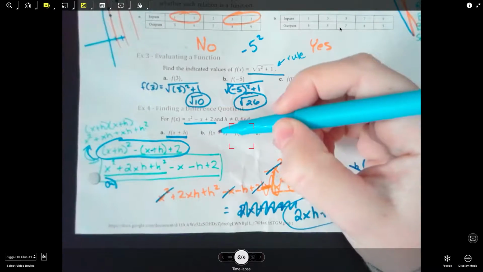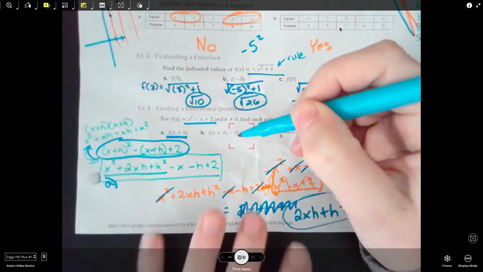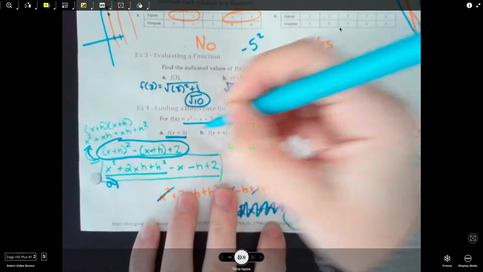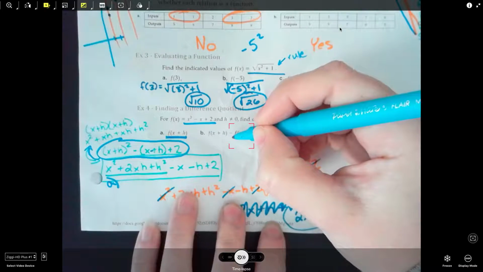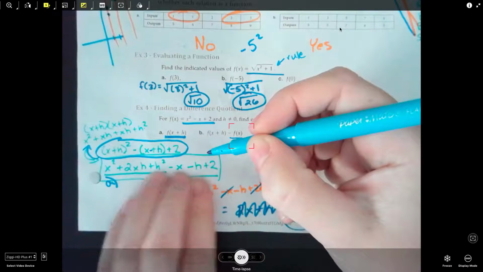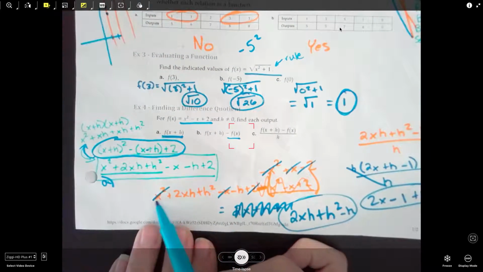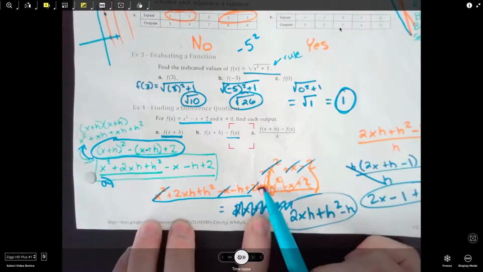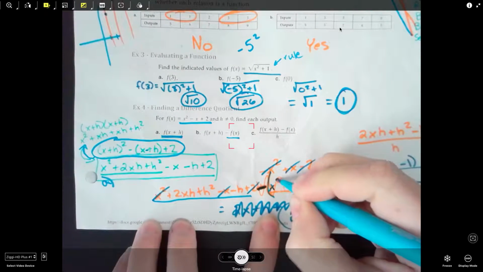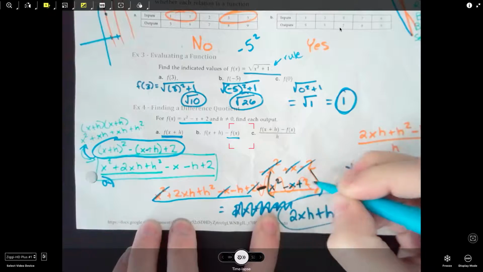Now, B looks even uglier, but if you just look at B as a step from A, we've taken f of x plus h, and then all we're doing is subtracting an f of x on the end of it. So we take what we already have here, which I've written out here, and we're subtracting another f of x, which is just your original, x squared minus x plus 2.